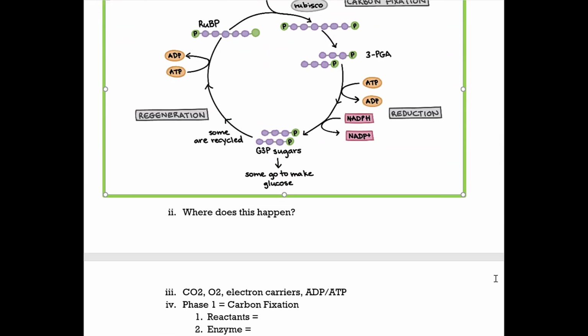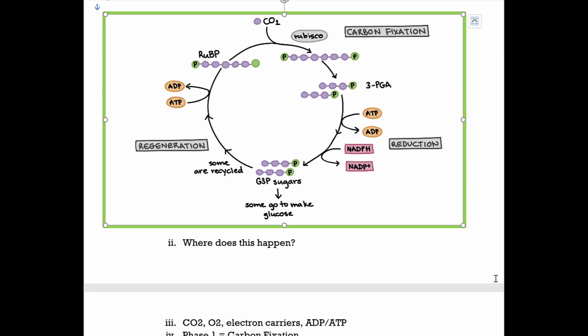And when we look back at the cycle, CO2 is being consumed. It's a starting material. And there's no O2, there's no oxygen gas present during this part of photosynthesis.